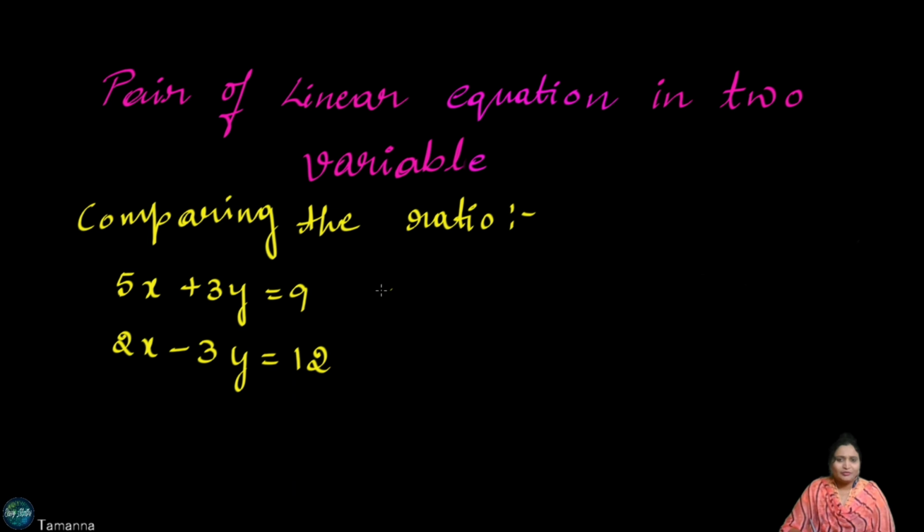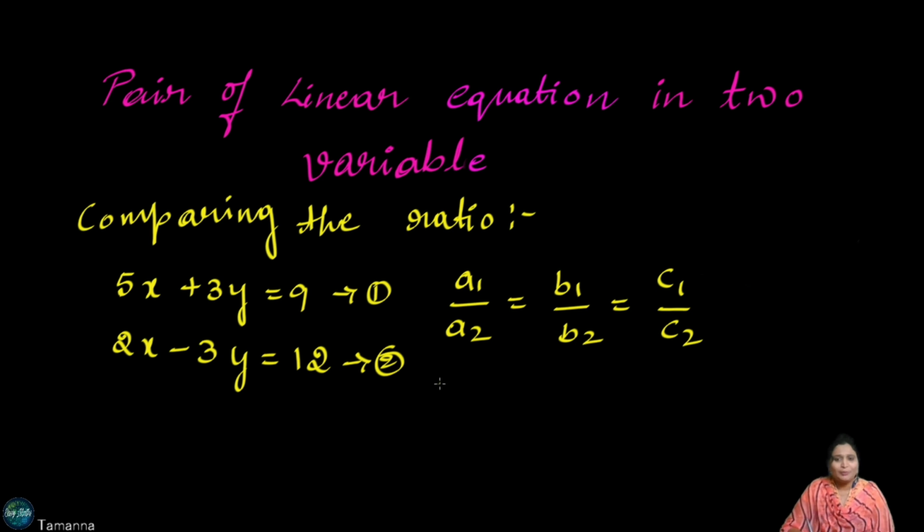So we can write this as equation 1, with A1, B1 and C1, and this as equation 2, so we identify A2, B2 and C2. Here the ratio is A1 by A2 is equal to B1 by B2 is equal to C1 by C2.